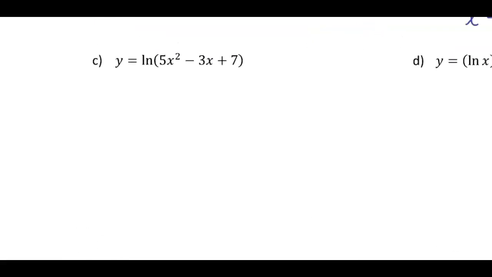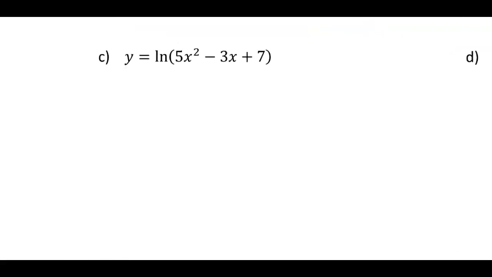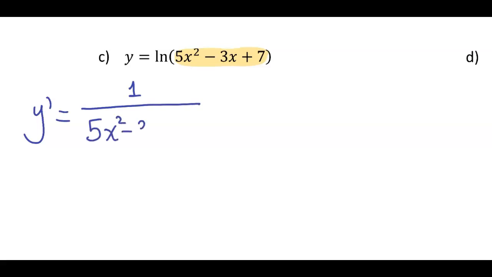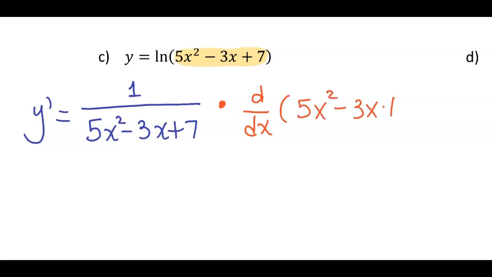Next one. Let me highlight the argument. This right there is going to be the denominator, because this is natural log of that orange highlighted thing. So y prime is equal to, write down 1 over, I'm going to have that trinomial in the bottom. And then that's not just it though, right? Now we're going to multiply this by the derivative of that inside function, 5x squared minus 3x plus 7.